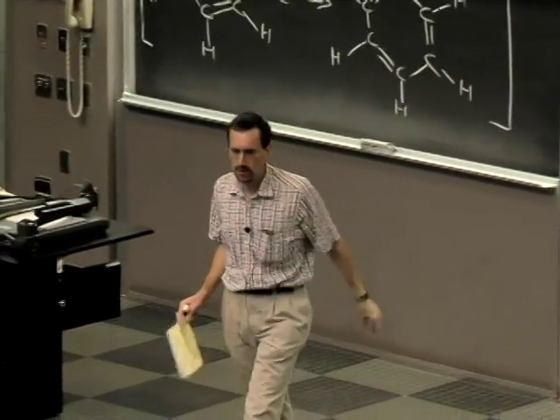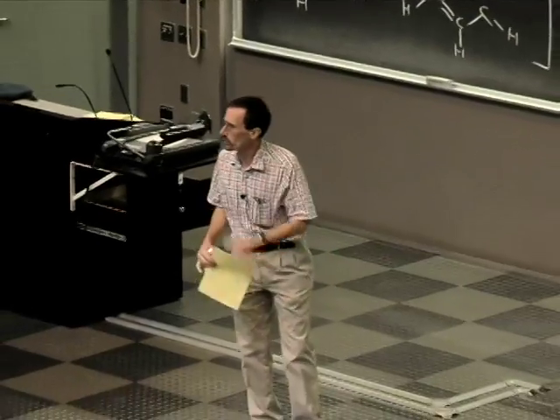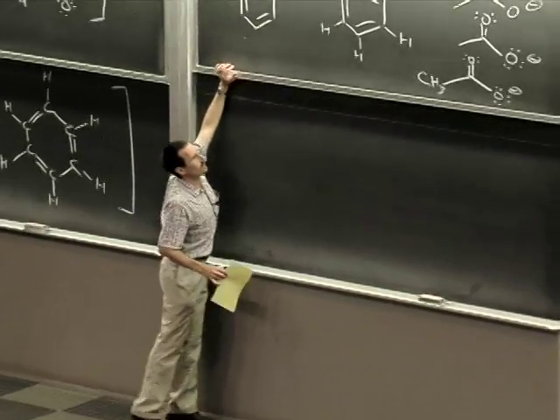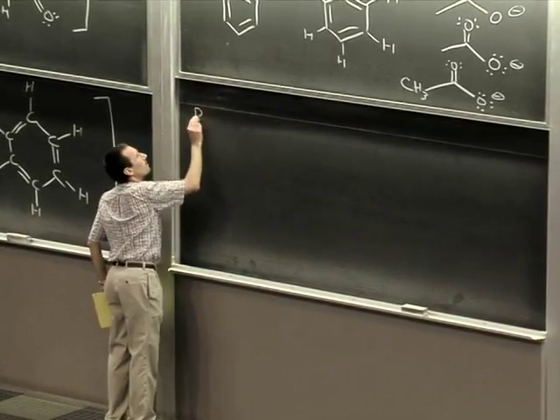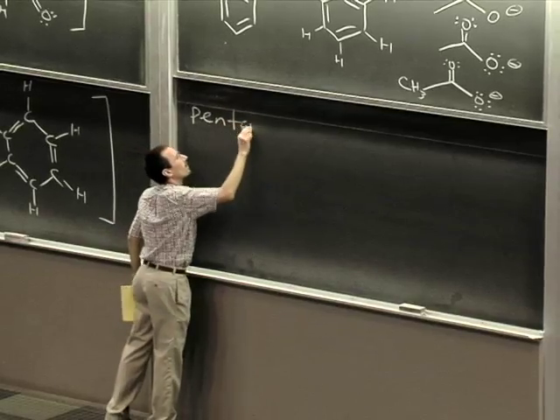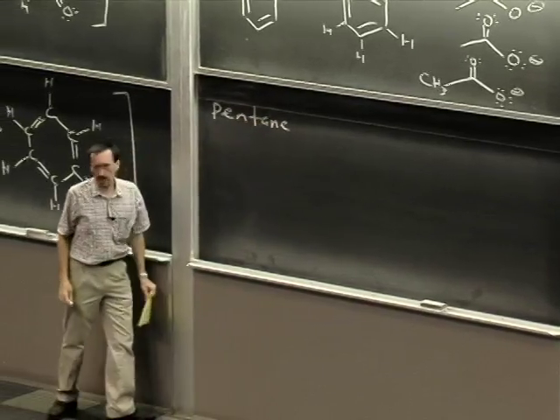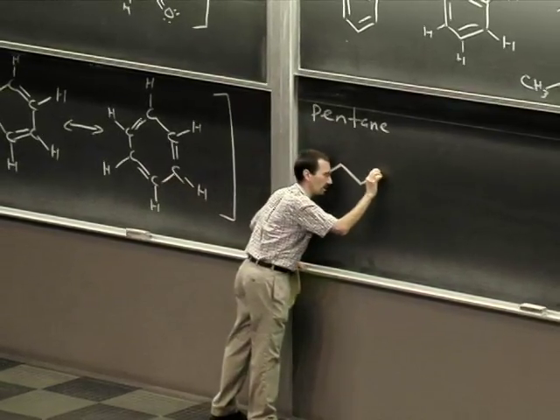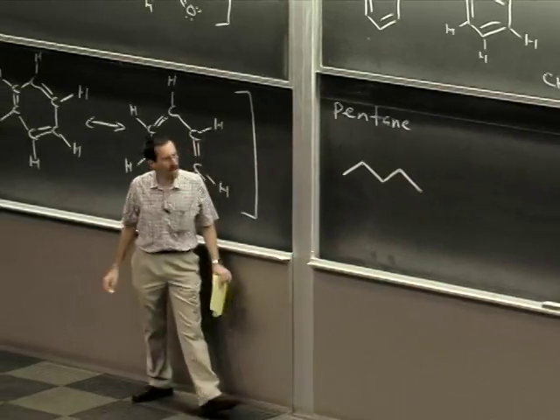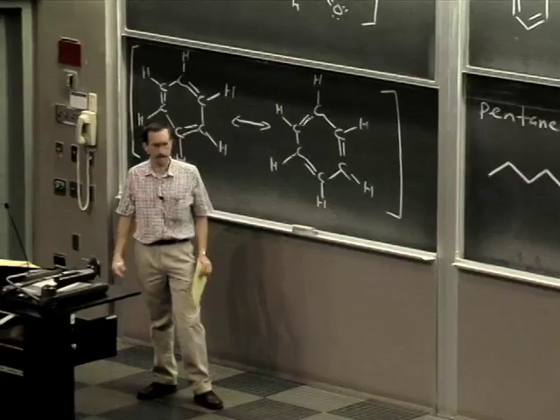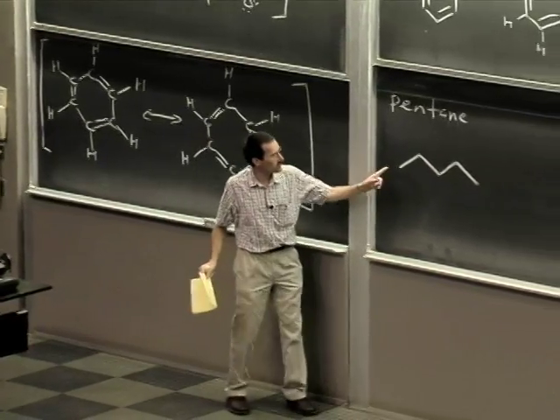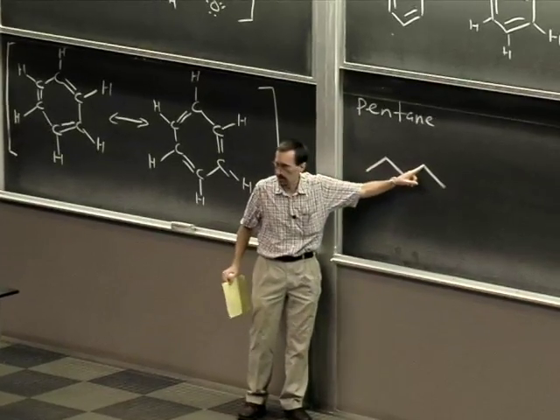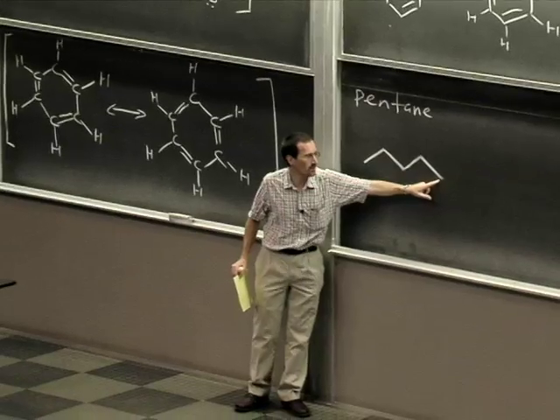Let me show you one other compound. Let me show you the chemical compound pentane. Just about any organic chemist would probably write this structure as a zigzag line containing 5 bonds, meaning you have a carbon here, carbon here, carbon here, and a carbon here, and a carbon here.